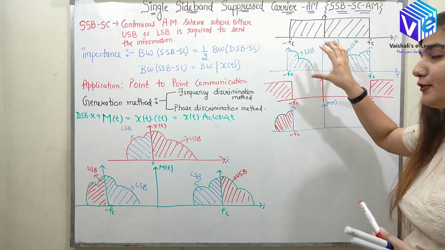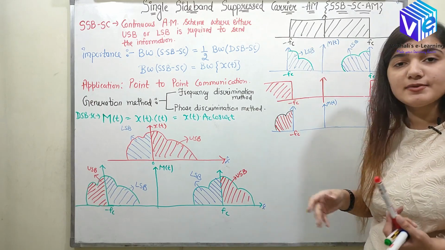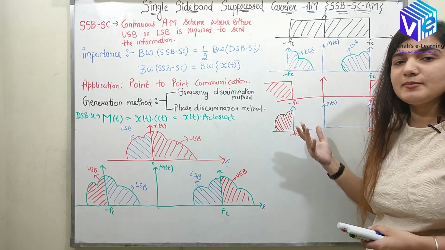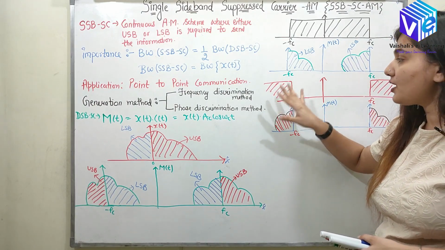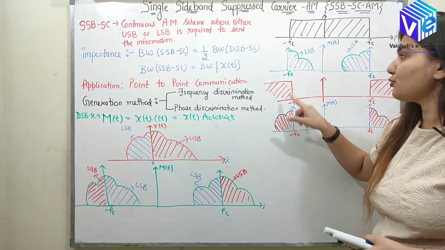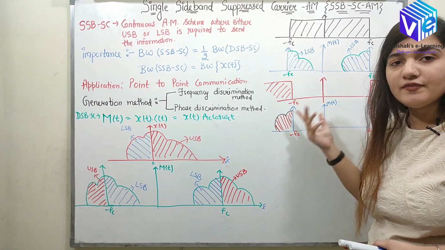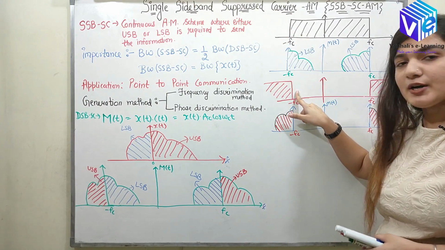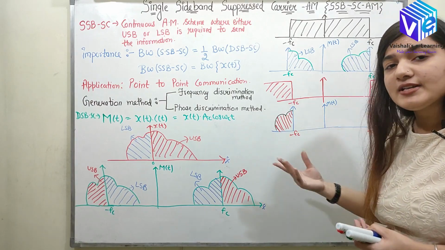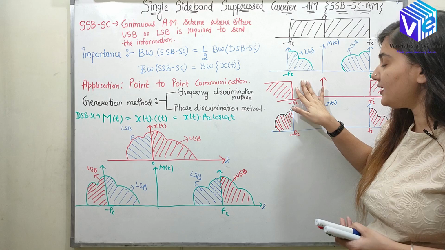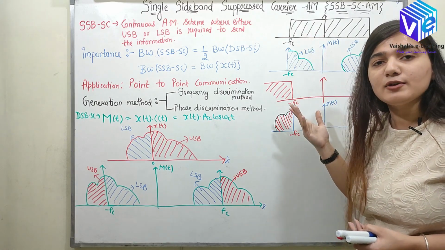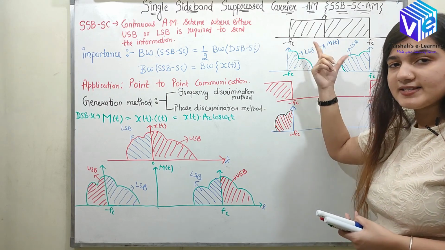So here I transmitted only the lower side band and here I transmitted only the upper side band. So this is called the frequency discrimination method, where I used the band pass filter with a sharp cutoff frequency. So here also and here also, both of the cases I have sharp cutoff frequency, and I am discriminating some frequencies and I am allowing some frequencies. So here I am discriminating the lower side band and here I am allowing the lower side band only. I am discriminating the upper side band here.